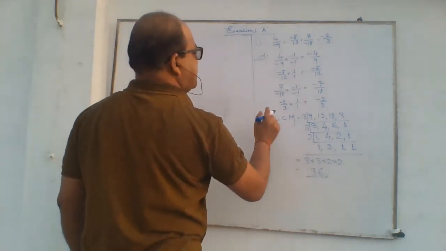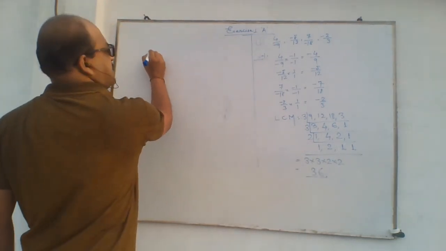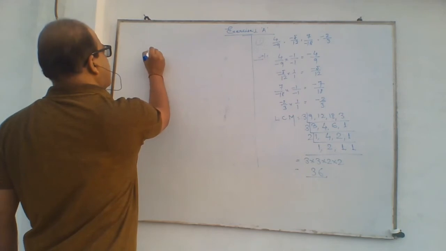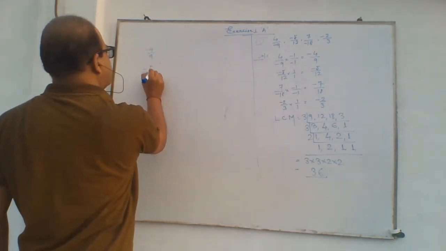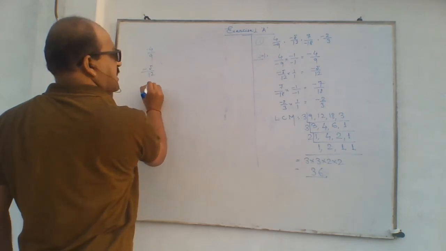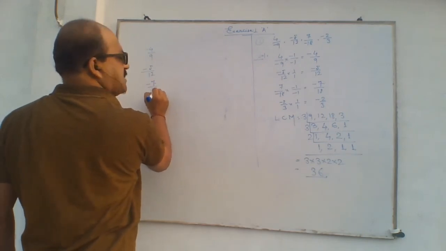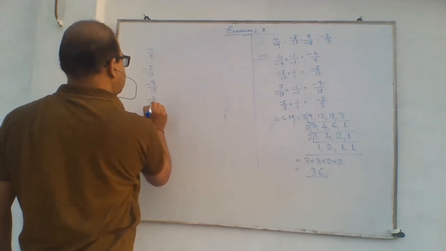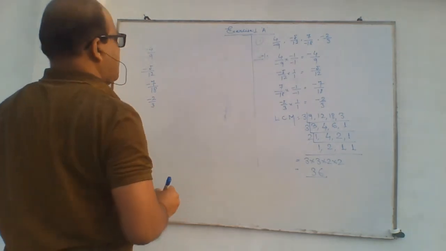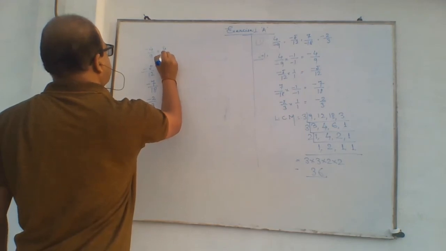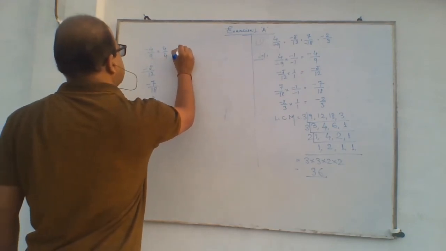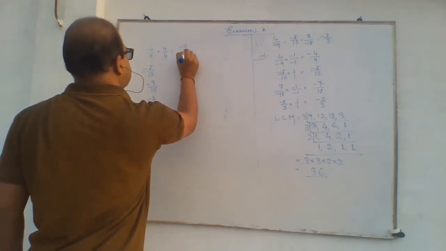Now we have to make all the numbers equivalent fractions: minus 4 by 9, minus 5 by 12, minus 7 by 18 and minus 2 by 3. When we multiply 4 by 4, it makes minus 16 by 36.